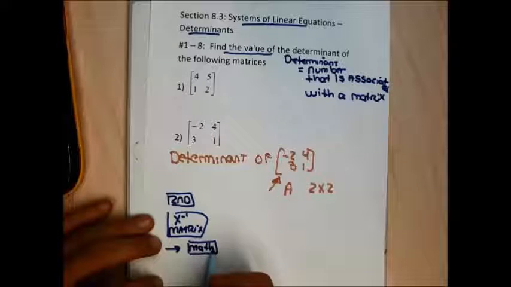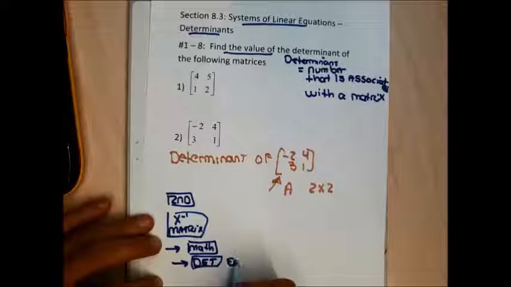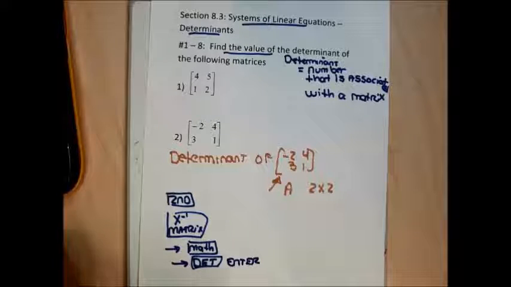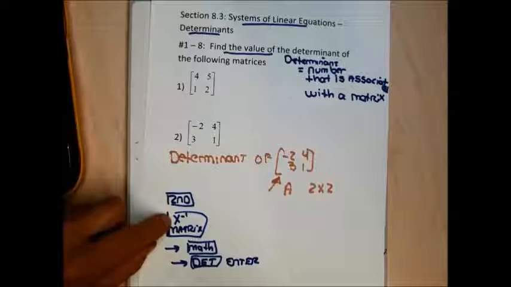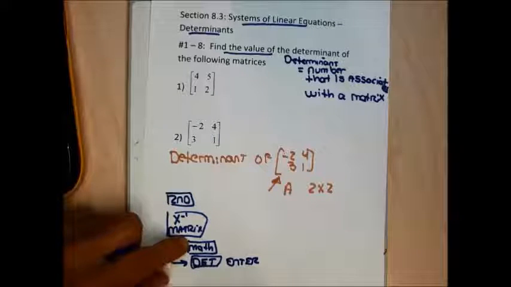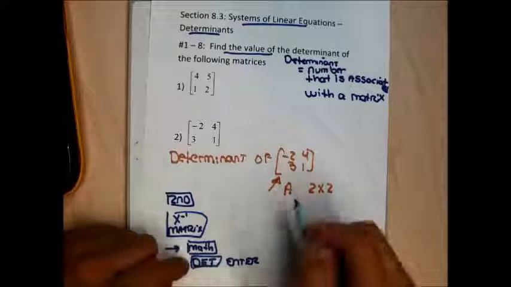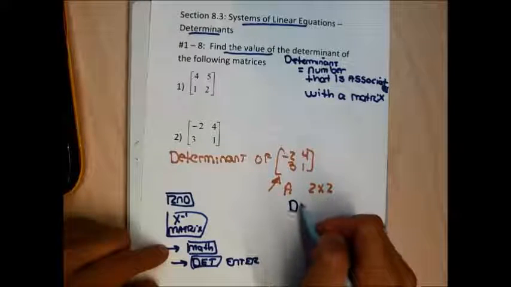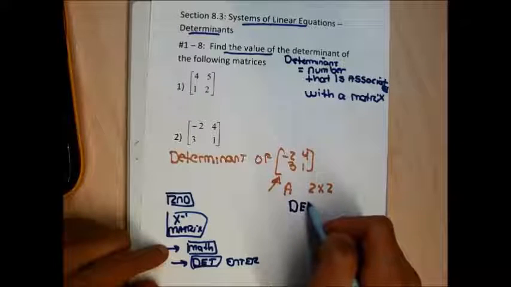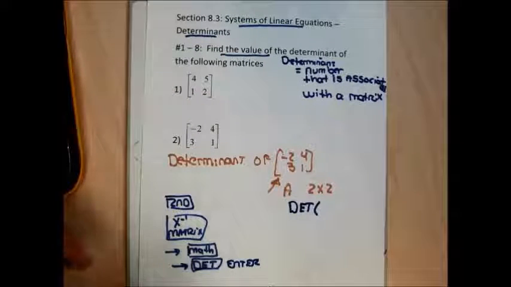And instead of making my way all the way down to RREF, I'm going to select the DET option and hit enter. When I do that, just like RREF, it flashes up on the main screen.